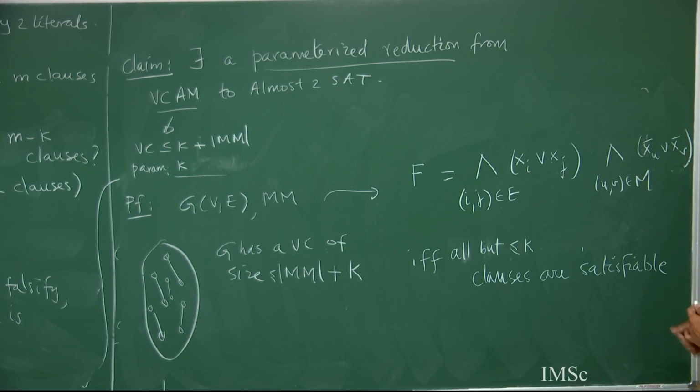if you have an assignment to this formula which satisfies everything except at most k clauses, the problem is if it falsifies some of these clauses, then what do you do? If all the k falsified clauses are here, then good, for those k matching edges I pick 2 and otherwise 1, I am done, I will get that plus k.